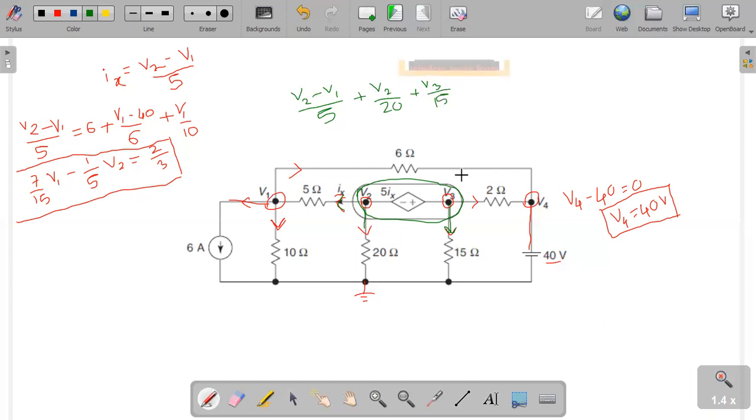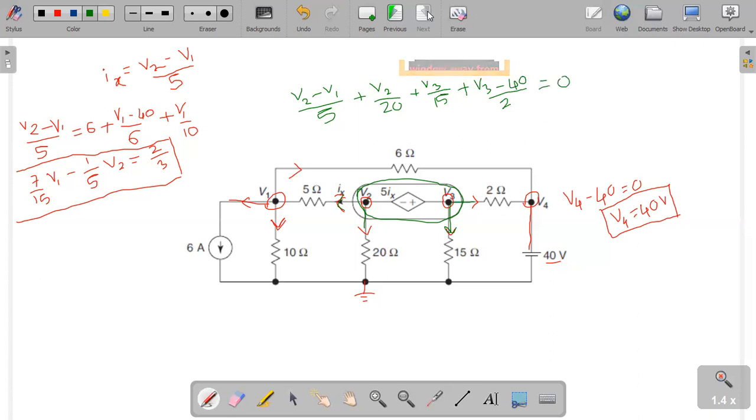And then the last outgoing current from this super node is through this 2 ohm resistor between node V3 and V4. So for that I can simply write V3 minus V4; in the place of V4 I can write 40. (V3 minus 40) upon 2 equals 0.